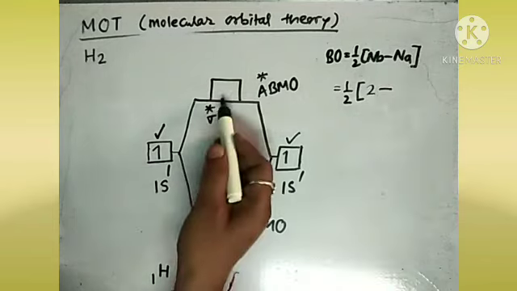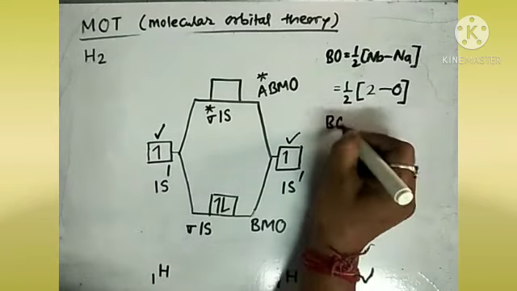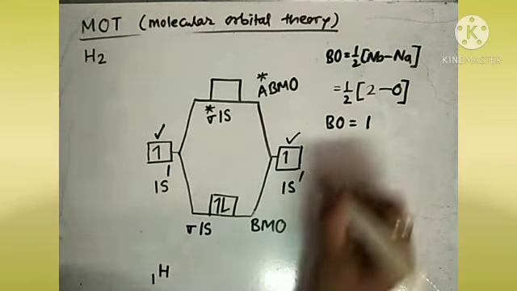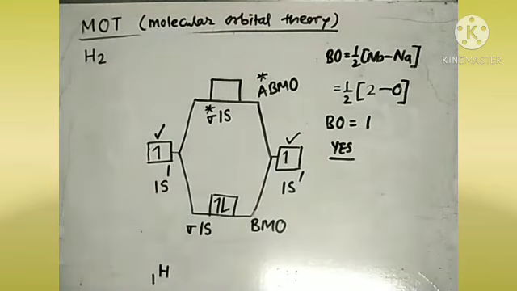There is nothing, that means it's 0. So the bond order comes to 1. Do you think this molecule exists? Yes, it is an existing molecule. Because if the bond order comes 0, then there is no existence of the molecule. But if it comes 1.5 or 1 or 2 or whatever, then the bond will definitely exist, or the molecule will exist.